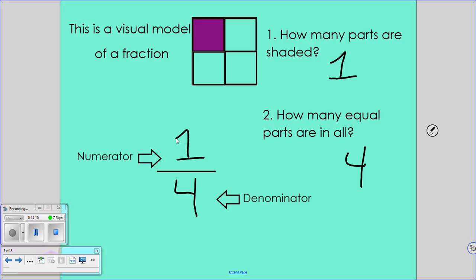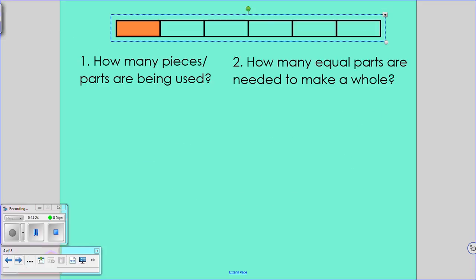Maybe that whole was brownies, and this is how I cut all my brownies, and the shaded ones are the ones that are eaten. You see what I'm saying? That's exactly how fractions work. All right, let's try another one. You're going to need to draw the visual model. Draw it out. It doesn't have to be exact, just a quick sketch will work. I'm not too concerned.